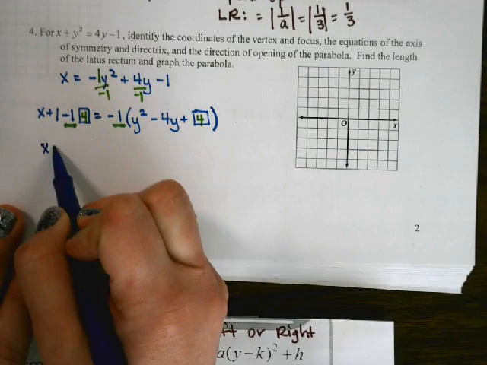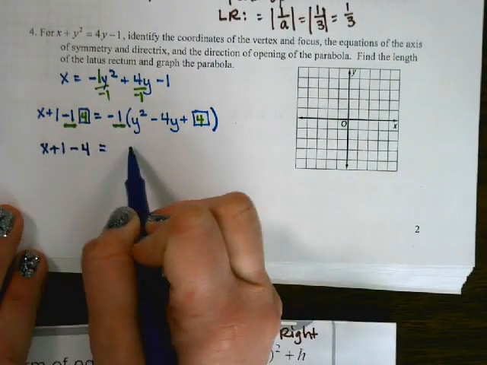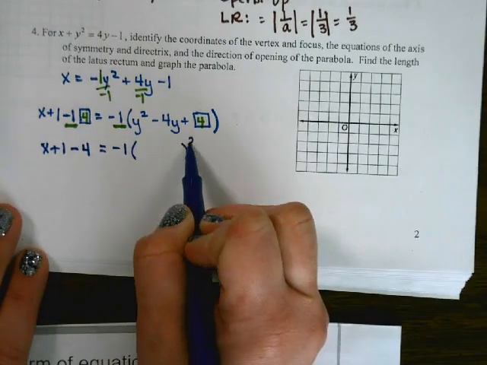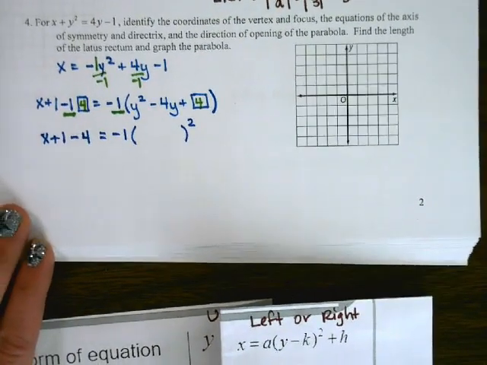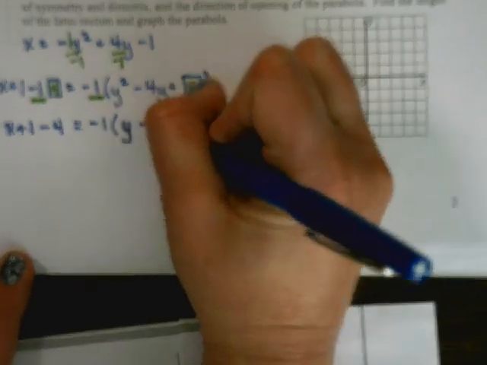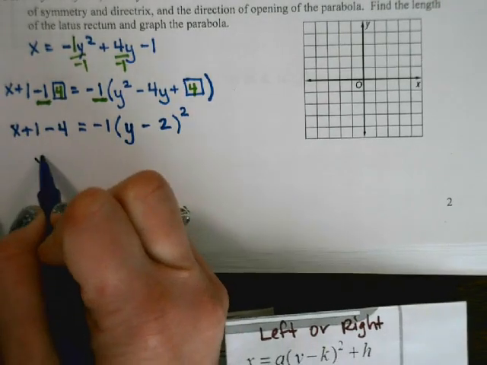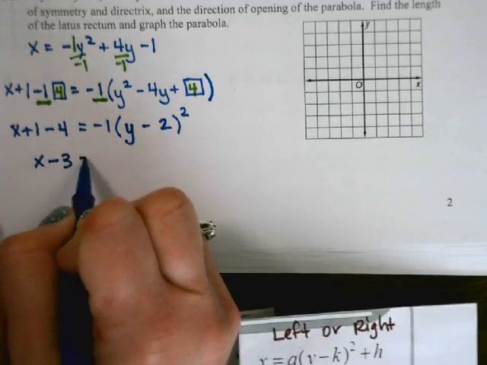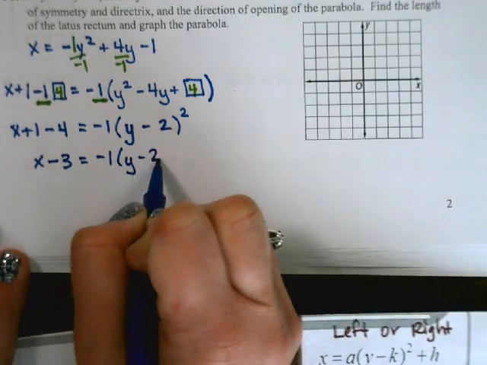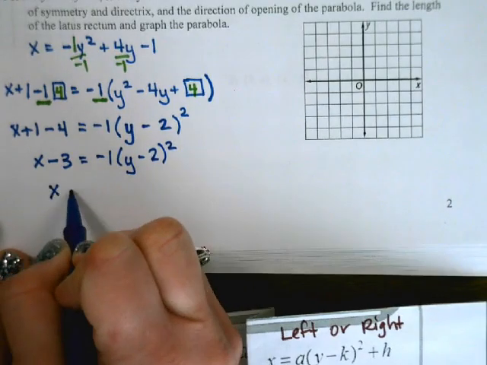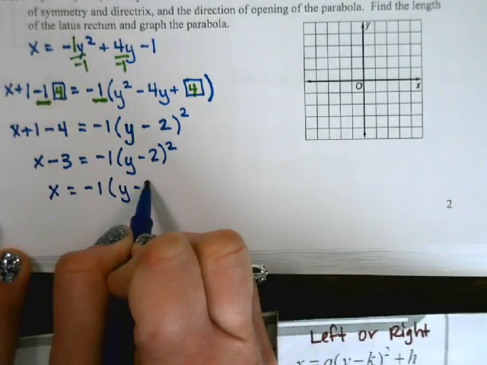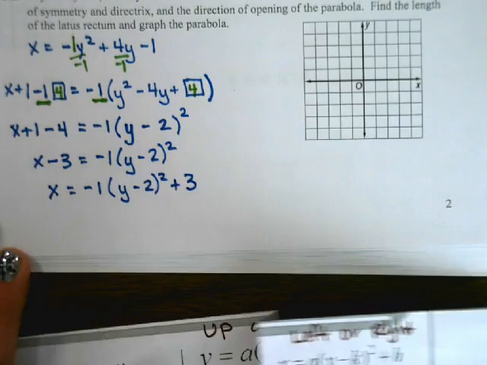Alright, so I have x plus 1 minus 4 is equal to negative 1 times, complete the square. Remember, we're forcing him to factor. Y minus 2, perfect. So I have x, 1 minus 4 is minus 3, equals negative 1, y minus 2 squared. Get the x by itself: x equals negative 1, y minus 2 squared plus 3.